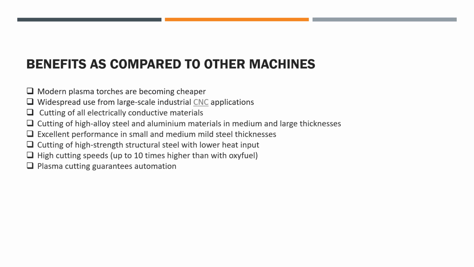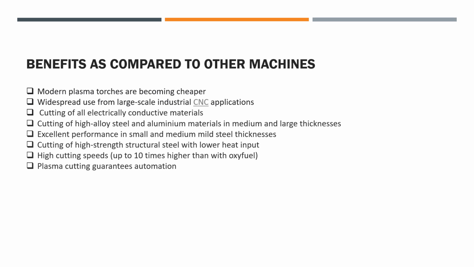The first and foremost benefit is that we can use these plasma torches at a very cheap rate, and they are widespread in use, from large-scale industrial CNC applications to the cutting of all electrically conductive materials.